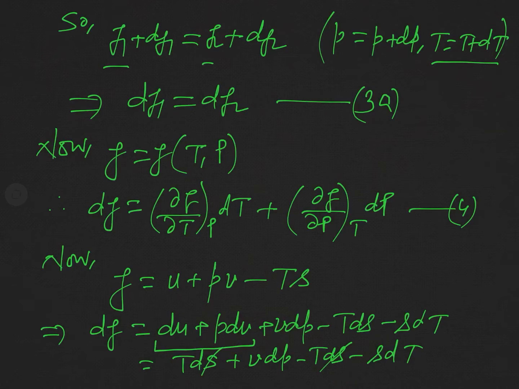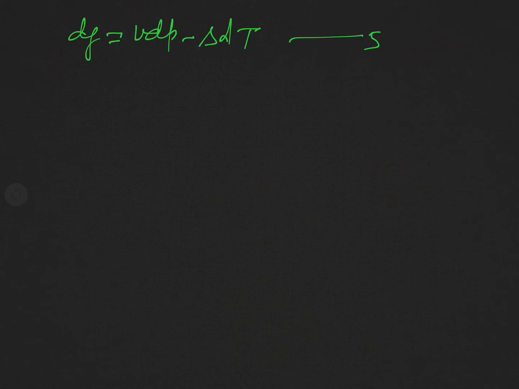Now this T ds will cancel out, and the result left is dG equal to v dP minus s dt. Say it is equation 5.